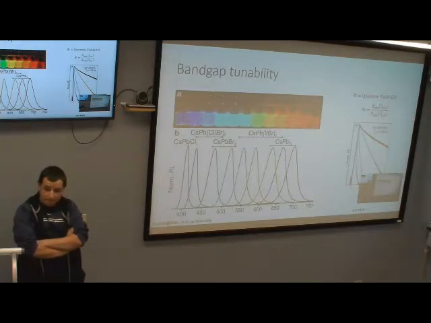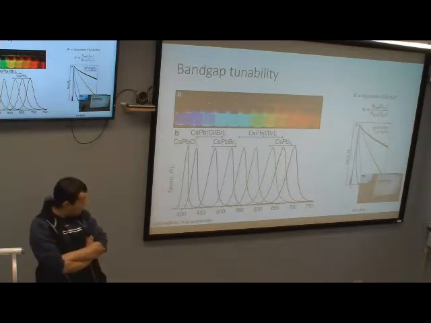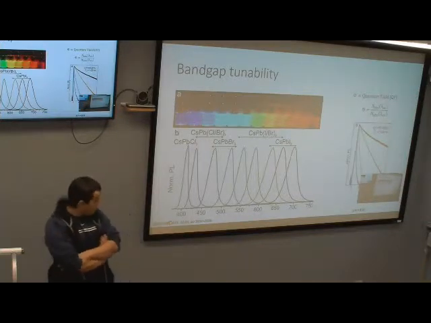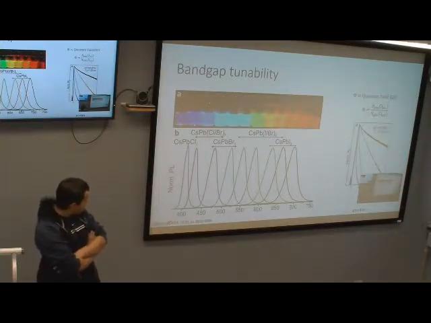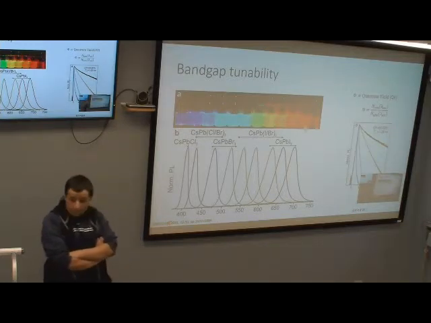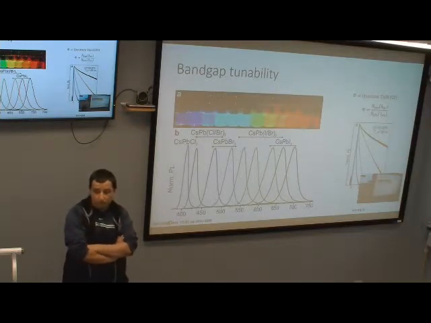And to follow up this slide, you show horizontal arrows for each group, like cesium, lead, iodine, then cesium, lead, bromide, and there is an arrow showing the range.